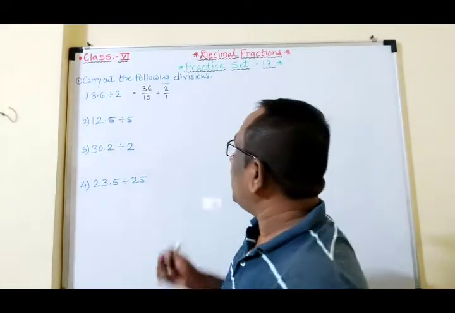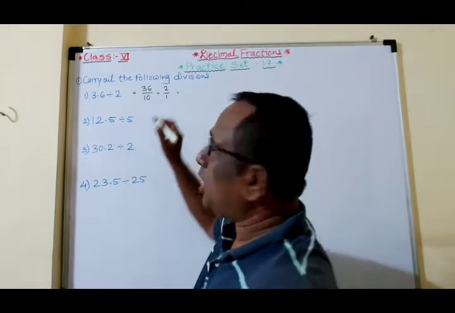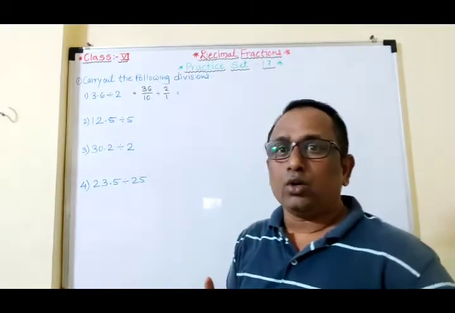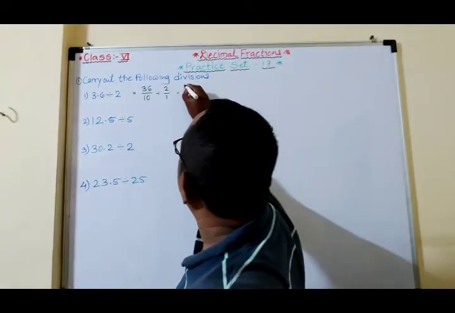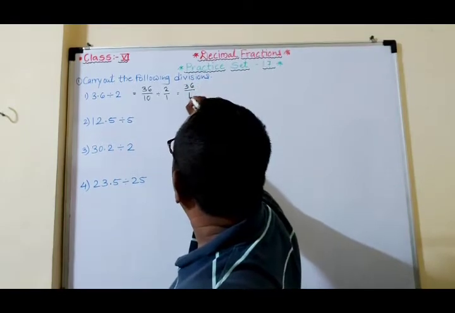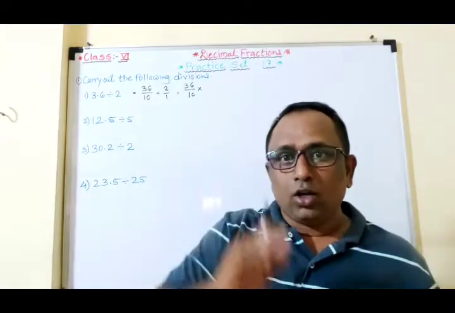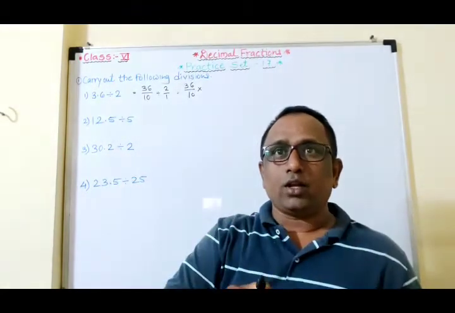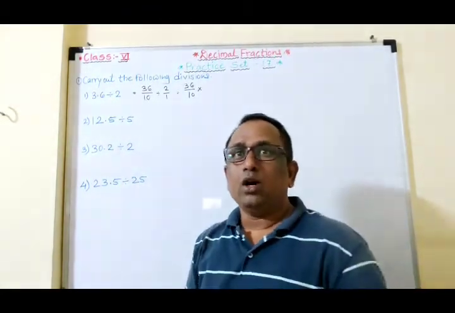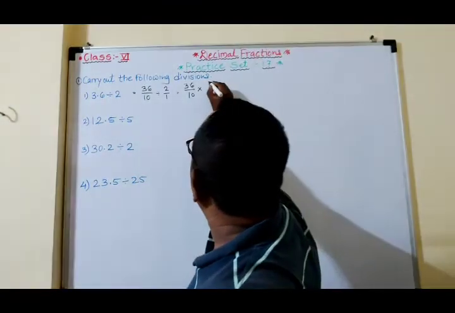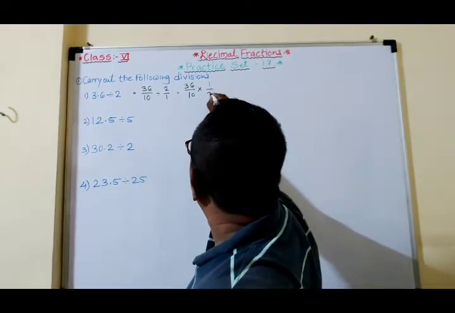So now we have to use that. So, is equal to, now here students, what we have to do? First write the first fraction 36 upon 10, and the reciprocal means denominator becomes numerator, numerator becomes denominator, or we can say multiplicative inverse. Okay, so that is 1 upon 2.